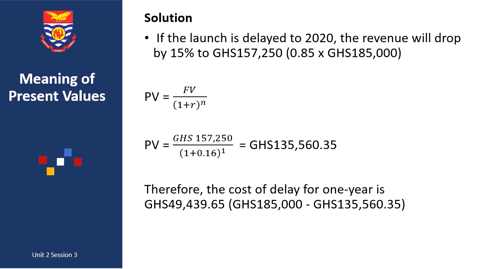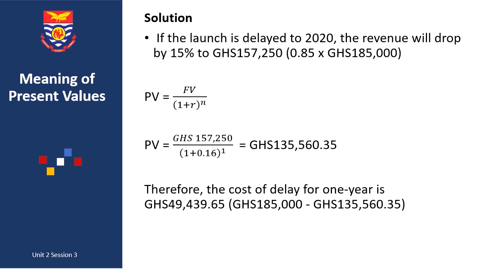You see, at least they should have an equal basis of comparison. So we have to discount the future amount to present. Alright, so moving from the future to the present is discounting. The discount factor is 1 over 1 plus r raised to the power n, times the future value. So the future value here is 157,250.